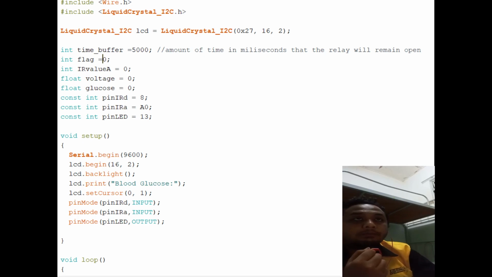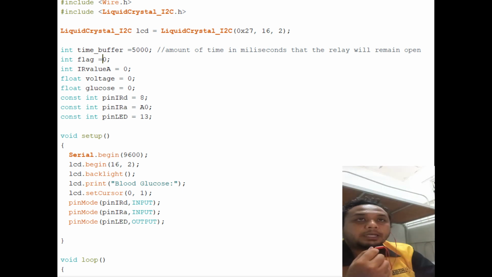So this is my coding for the glucose demonstration for diabetic patients. The liquid crystal is called the LCD display, and this is the buffer for the flag and the IR value.